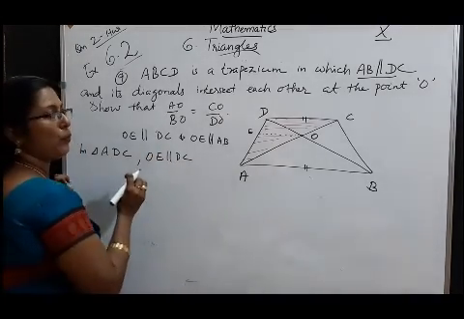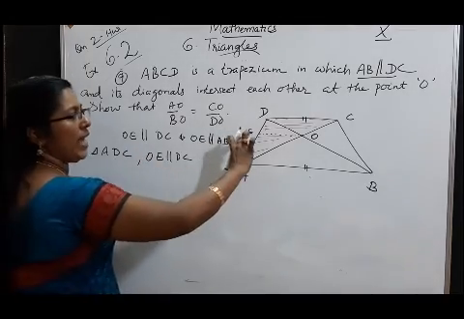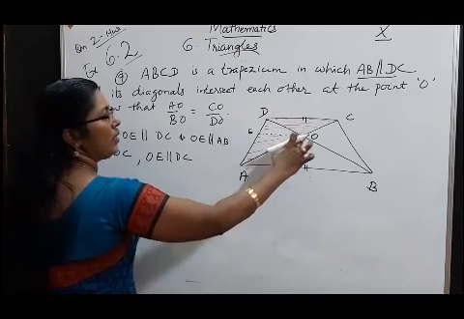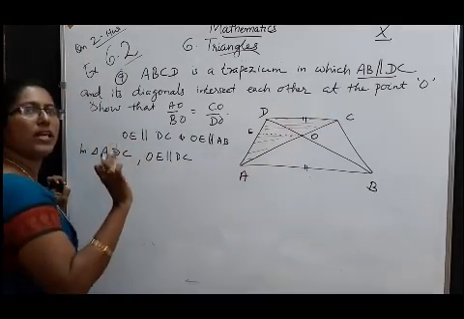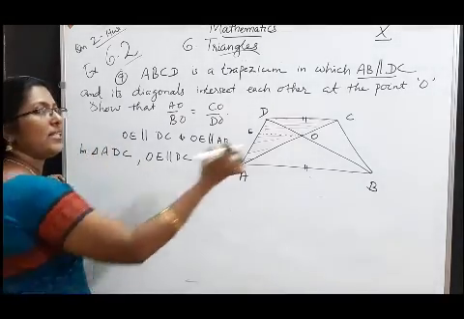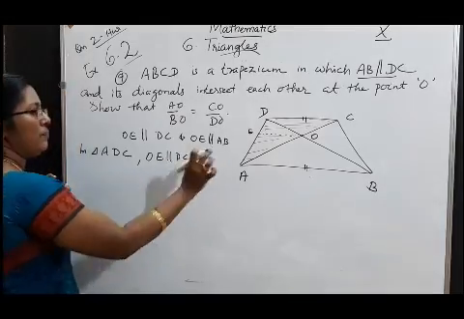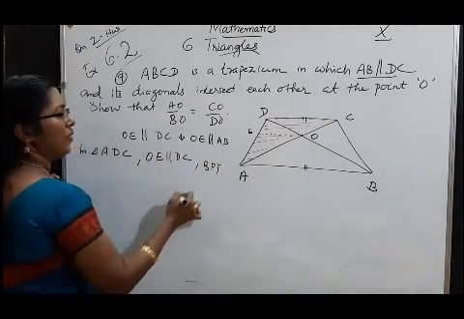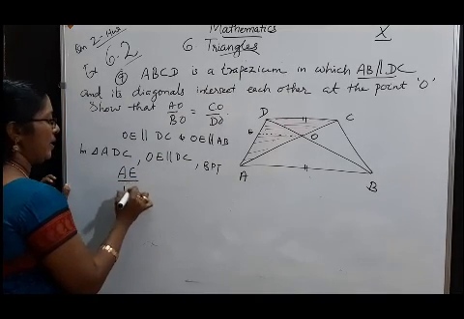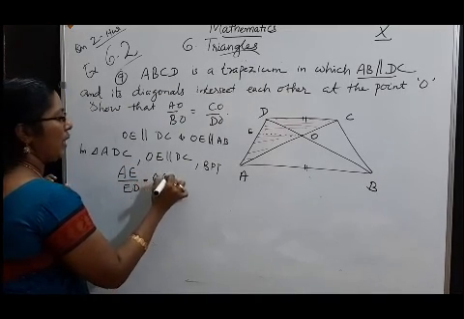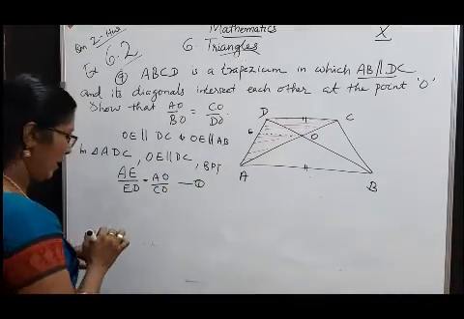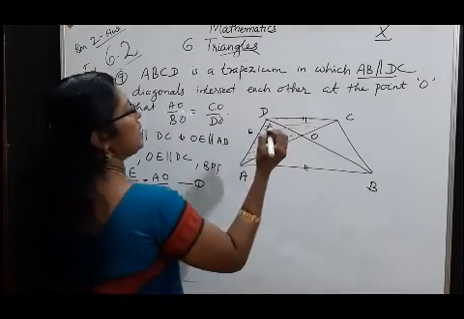By the basic proportionality theorem, we can write AE by ED equal AO by CO. CO and OC represent the same line segment. So by BPT, AE by ED equal AO by CO. Equation number 1.